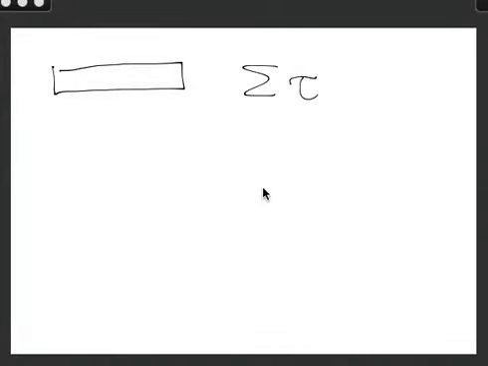So the sum of the torques, that's also equal to 0. And so you can pick the rotation around any point. So let's, just for fun, pick this point here to calculate the torque. And so we have, again, 4 different forces. The torque due to 1 is equal to, well, let's see.